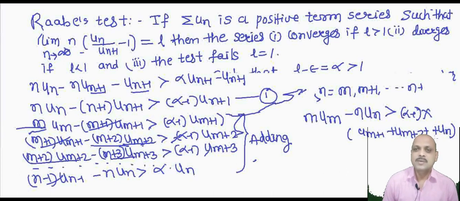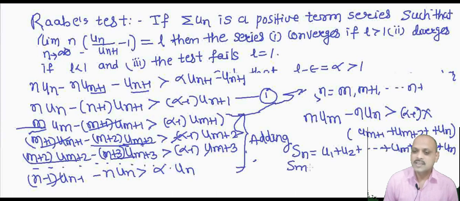So, summation u_n. Friends, we know that S_n equal to u1 plus u2 plus up to u_m plus u_m plus 1 plus up to u_n, and S_m equal to u1 plus u2 plus up to u_m.